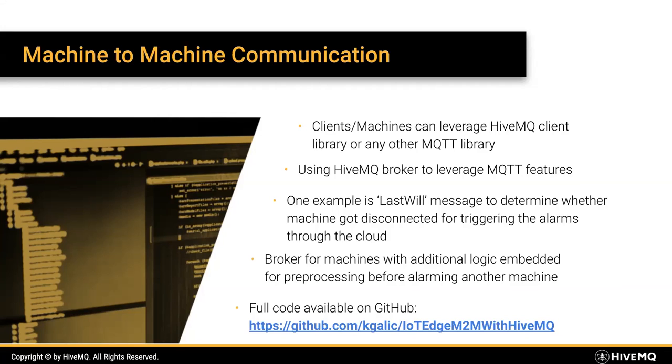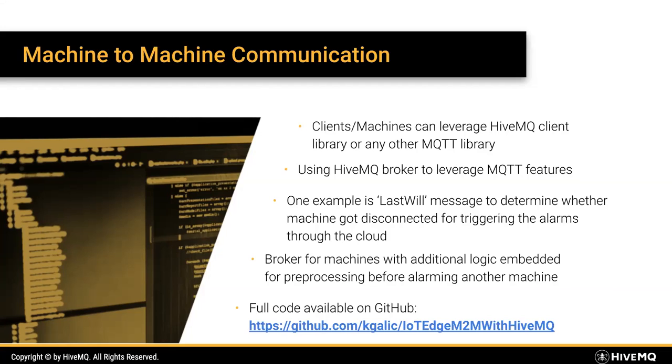One example could be the last will feature of MQTT, where you can determine whether one machine got disconnected in order to trigger some alarms through the cloud. The way you can implement this is to specify the last will message, and have a module that subscribes to this topic.